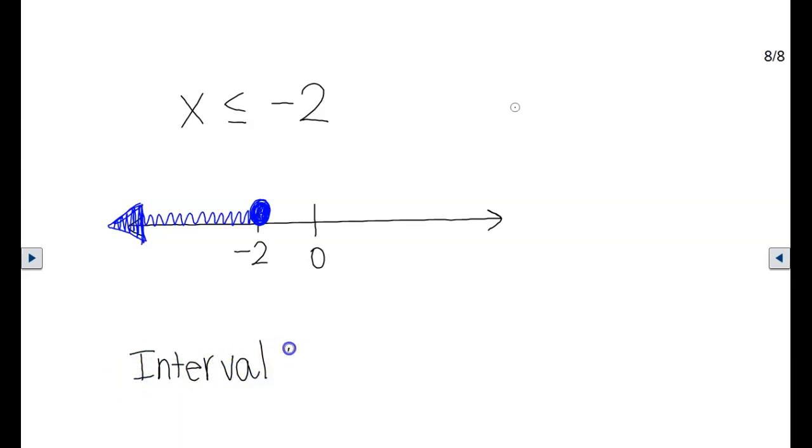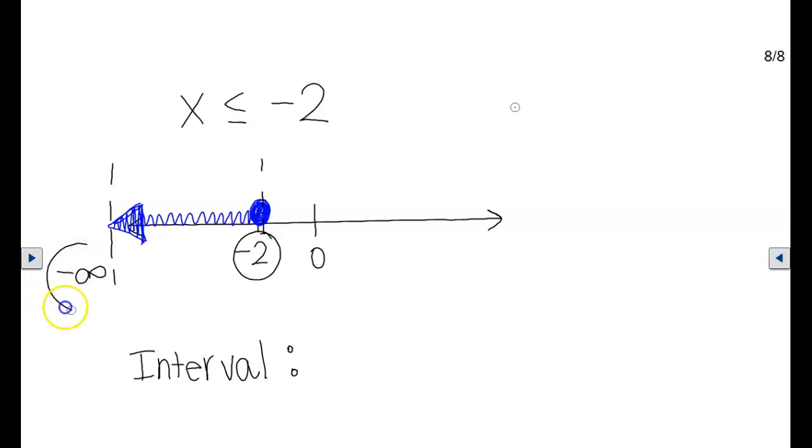All right, now what we want to do is come down here and put this into the form of an interval. So remember, to write an interval, we're going to need two values. So you look at the two ends of your shading. One end of my shading is here, at negative 2. The other end of my shading is over here, and that's an arrow. That goes on in the negative direction forever.